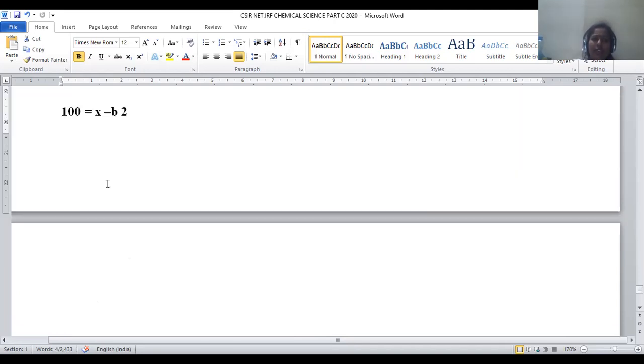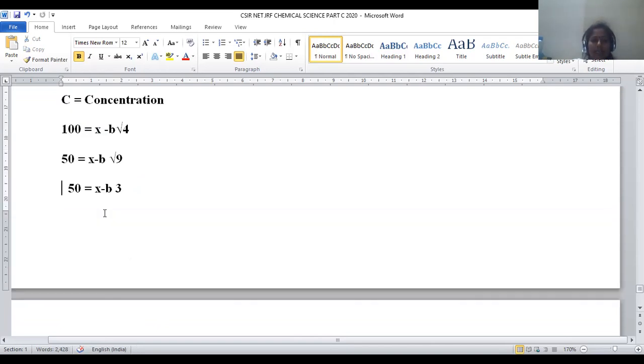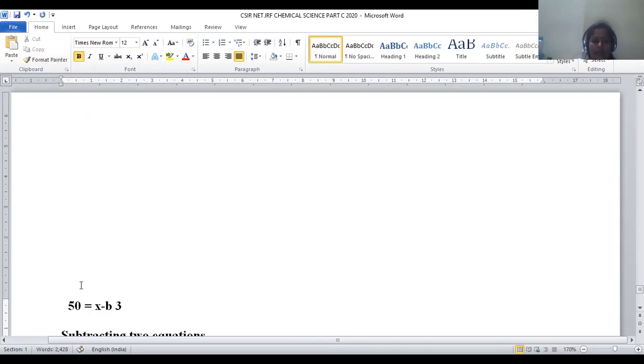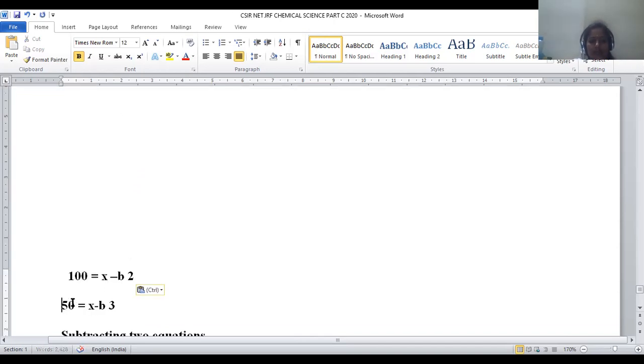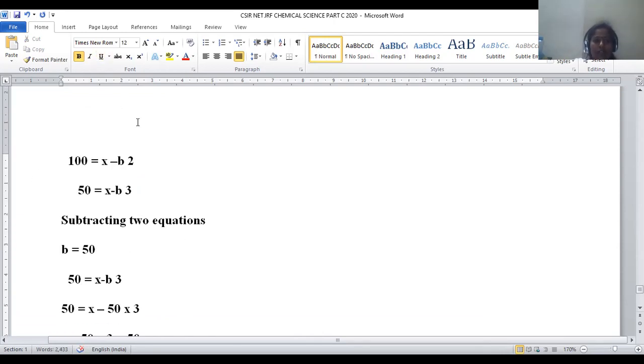Okay, so we can subtract both the equations. By subtracting, 100 minus 50 is 50. x minus x gets cancelled. The b term we have to calculate: the difference between 3 and 2 is 1 only, right?